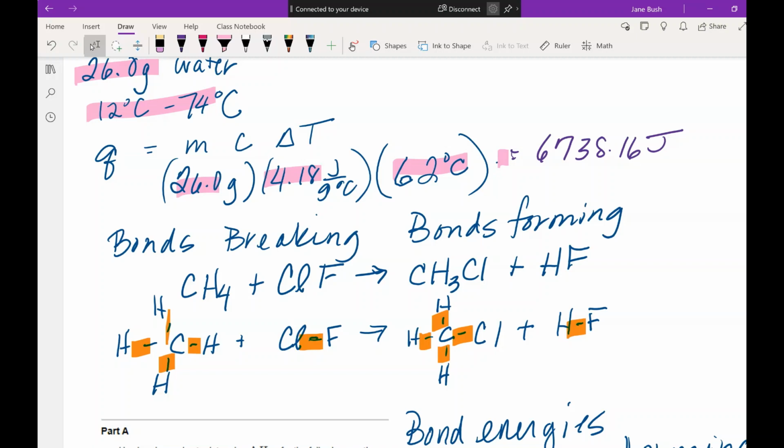Okay. So the next thing we're going to do is talk about bonds breaking and reforming. This is a problem right off of the practice quiz.